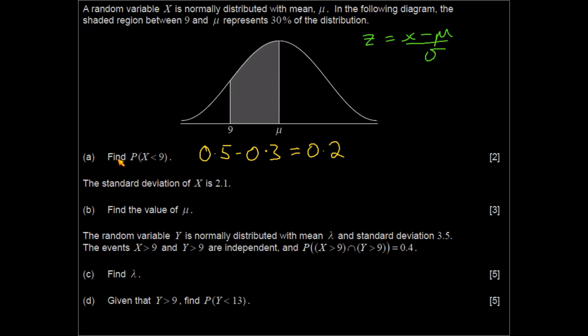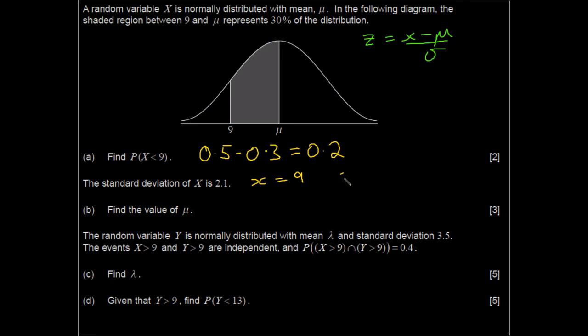Now, using this information that we've got here, the probability x is less than 9 is 0.2. We can then look up the corresponding z value for this x value. So x is going to equal 9, and then we're going to find the z value from the table from our graphical calculator.